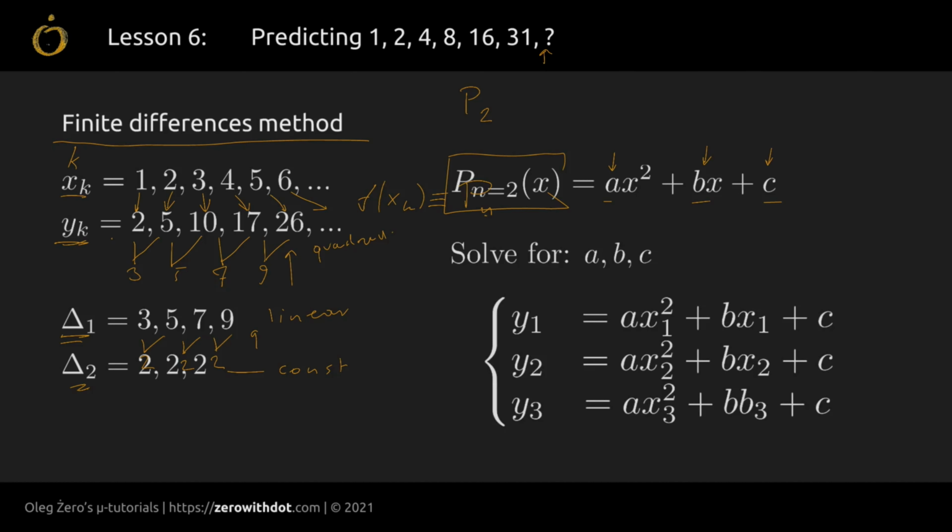If we input x1, with xk equal to 1, then that function should produce y1. So using the expression for that function, y1 will be equal to a x1 to the second power plus b x1 to the first power plus c times x1 to the 0th power. And we could do the same with k equals 2 and k equals 3.